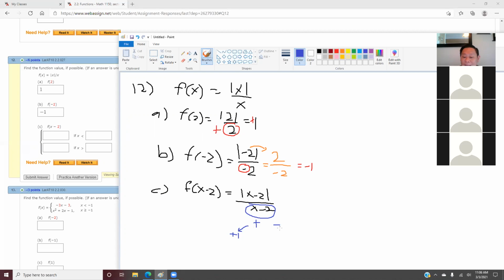If your denominator is negative, then the answer is -1. Can someone tell me what x values will make your denominator positive?